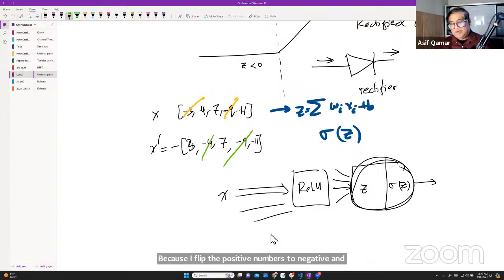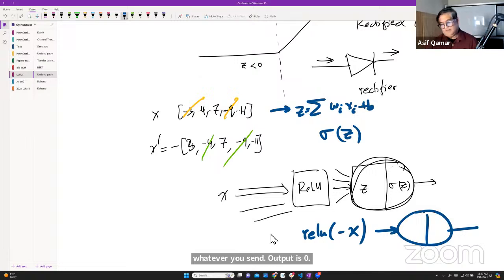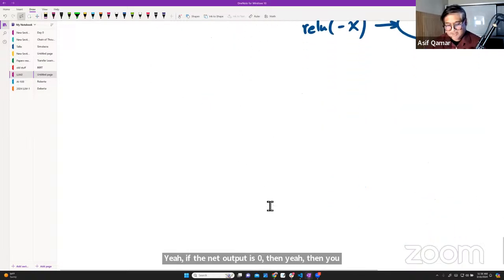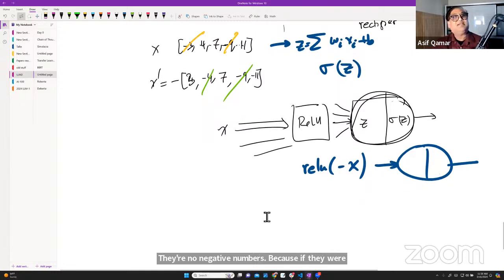So all I need to do is create a layered network in which I first do ReLU of -x and then feed it to exactly the same network that I just created. And if you get zero, then it's a positive number. Is that what you're saying? If the net output is 0, then you basically say there are no negative numbers, because if there were negative numbers, you wouldn't have gotten 0. So is it making sense, guys?